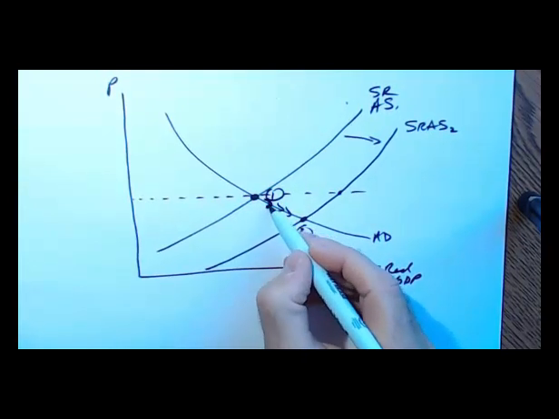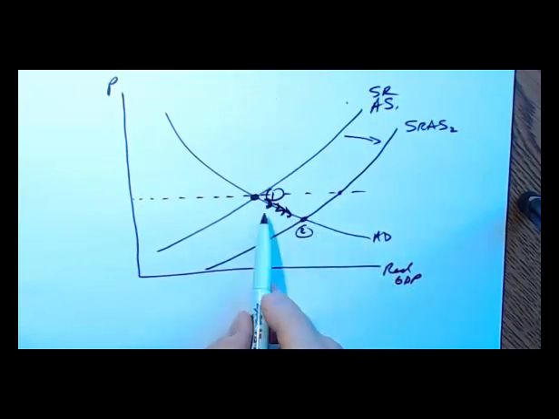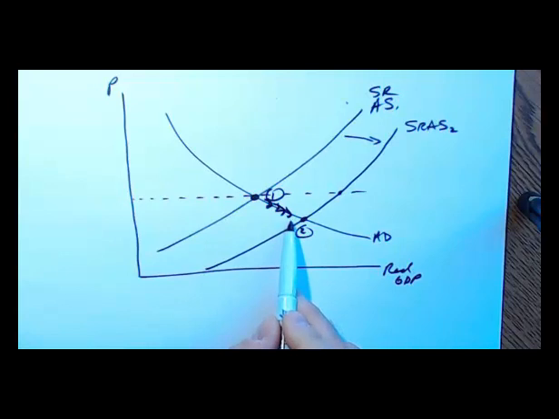Well, from here to here to here, we see prices going down, and when prices go down, we have a positive wealth effect, so sliding down the aggregate demand curve. There is less demand for money, so interest rates fall, and autonomous consumption increases, and planned investment goes up. Okay?